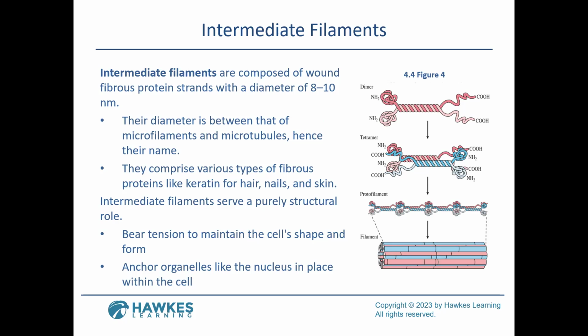They comprise various types of fibrous proteins like keratin for hair, nails, and the skin. Intermediate filaments serve a purely structural role. They bear tension to maintain the cell shape and form. They anchor the organelles like the nucleus in place within the cell.